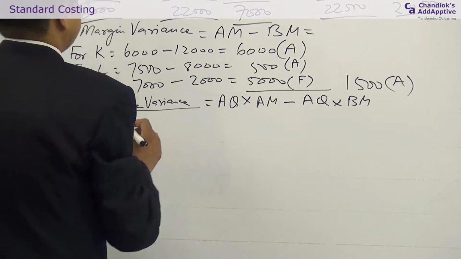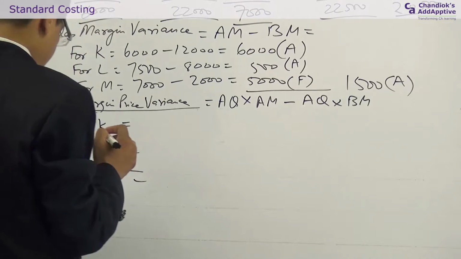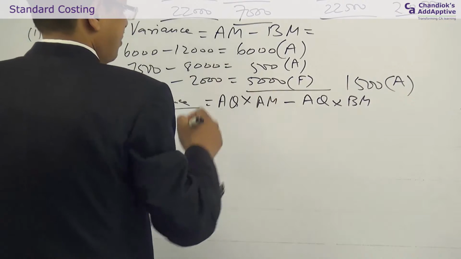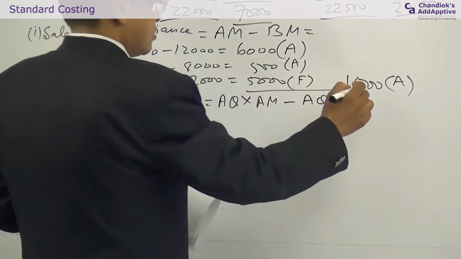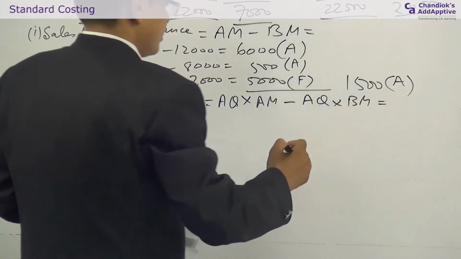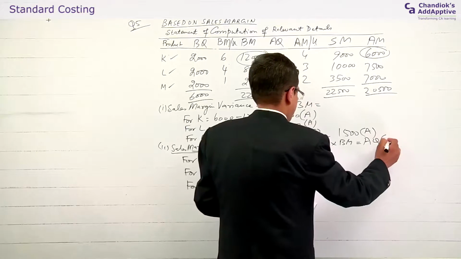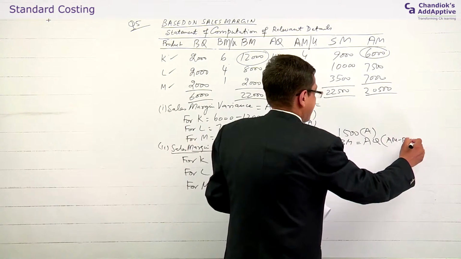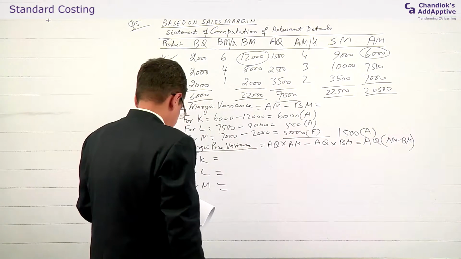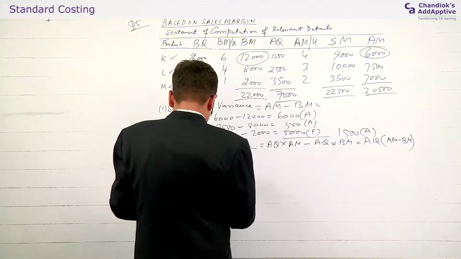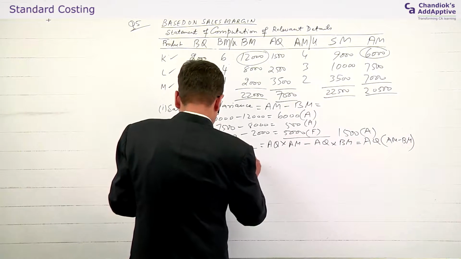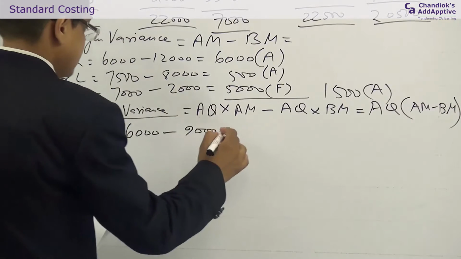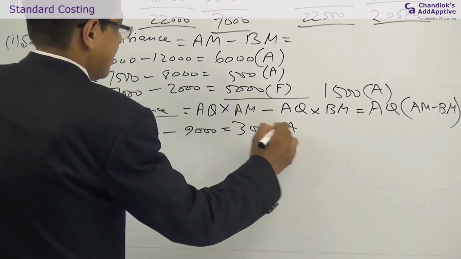For K, the actual quantity into actual margin minus actual quantity into budgeted margin can be redone into actual quantity into actual margin minus budgeted margin, right. So, let us do it like 6000 minus 9000. So, this becomes 3000 adverse.